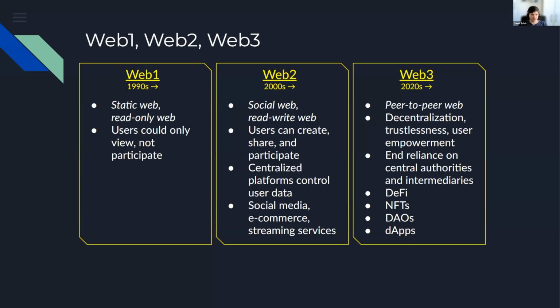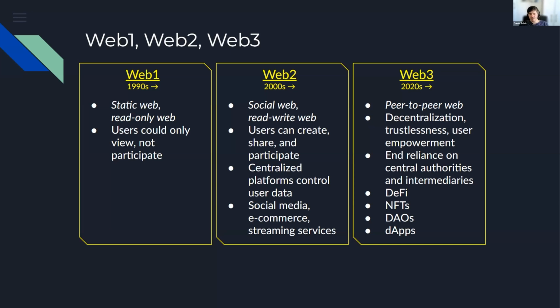It's called the social web or the read-write web. And it's basically defined as the period of the web where users really participate and create and share their content, but they're still controlled by centralized platforms. So Facebook moderates or should moderate what you post there. So it's still controlled by one central organization. And it's basically defined as social media, e-commerce, and streaming services.